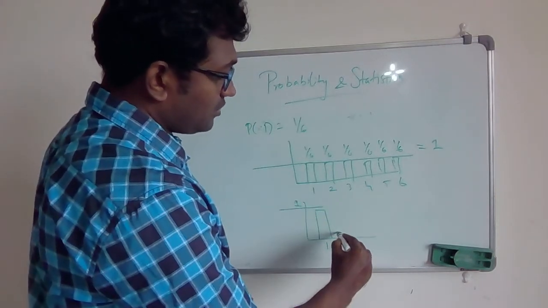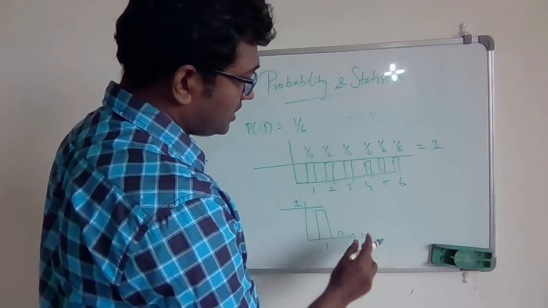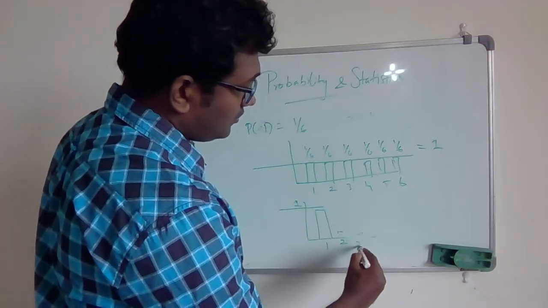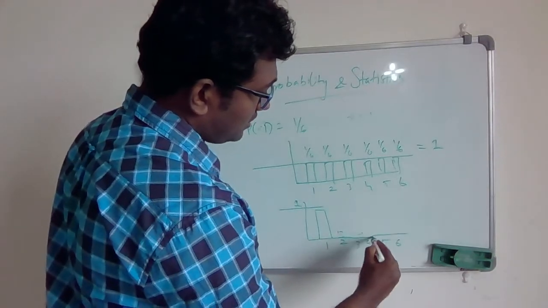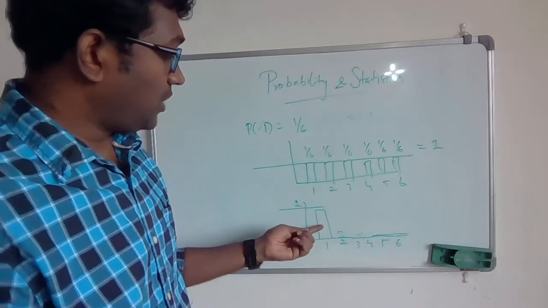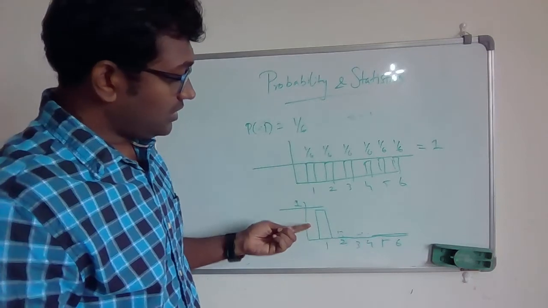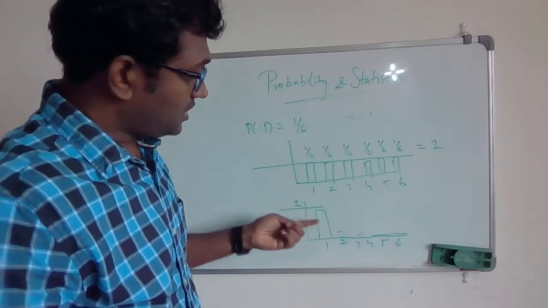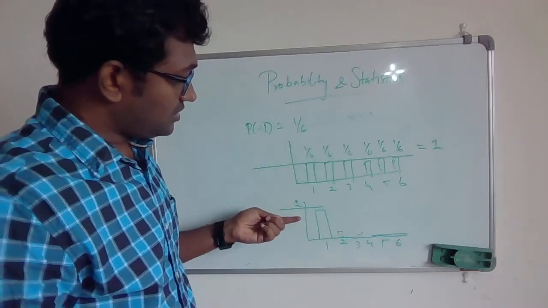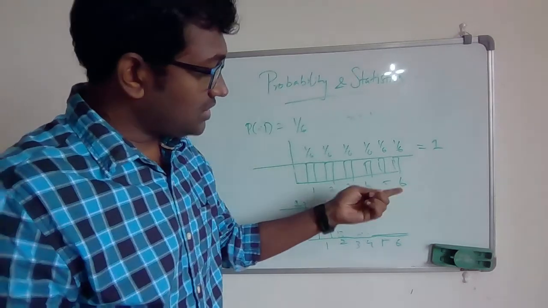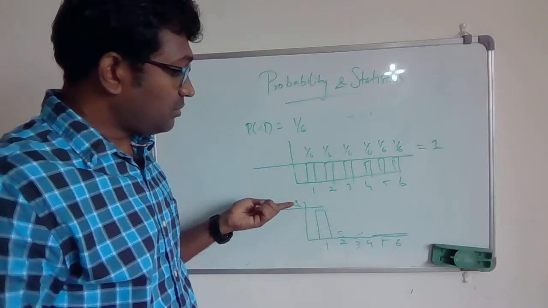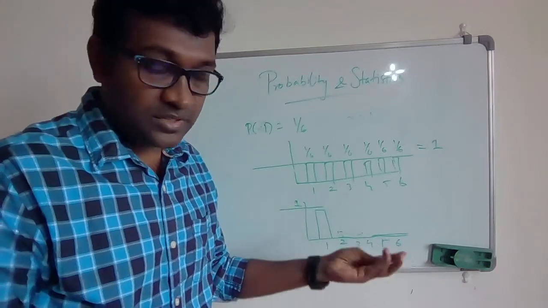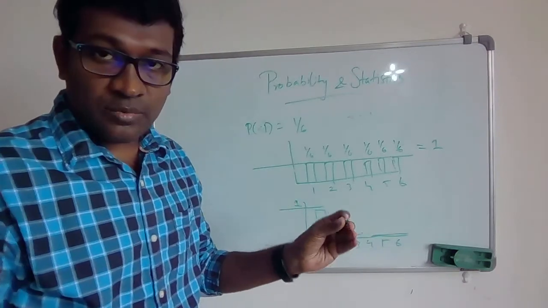And the probability of getting 2, 3, 4, 5, 6 will be 0, which means there is no chance of getting anything other than 1. That's how we find the difference between these two distributions. This is a uniform distribution where everything has equal chances. This is a non-uniform distribution where just one value has a 100% chance and the rest have no chance, because this is a die which has 1 on all the sides.